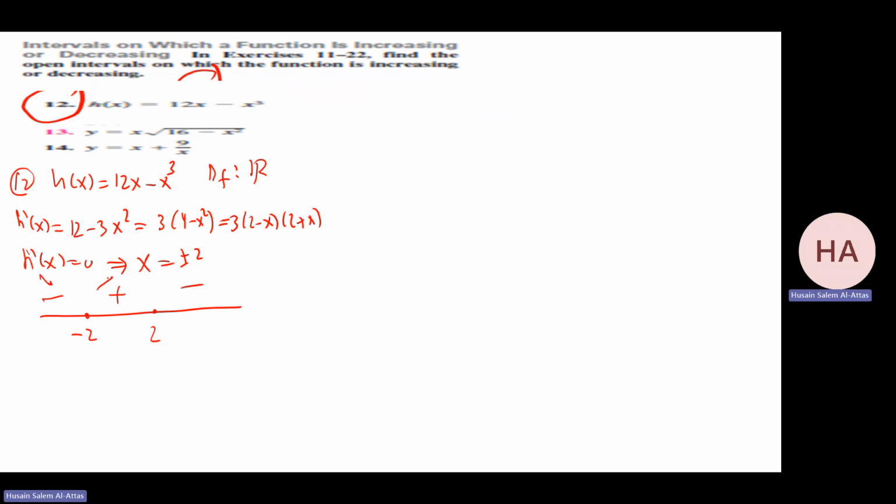So it's decreasing, increasing, decreasing. So I can conclude increasing from minus 2 to 2, and decreasing from minus infinity to minus 2 and from 2 to infinity.